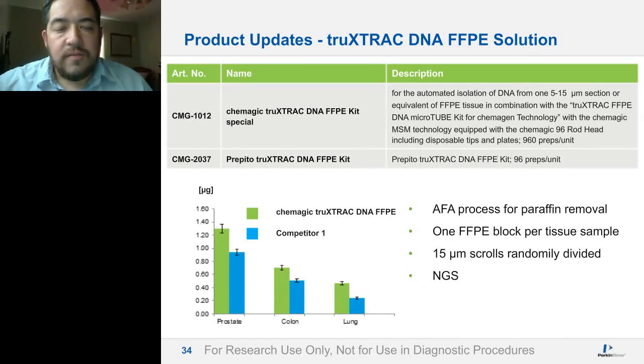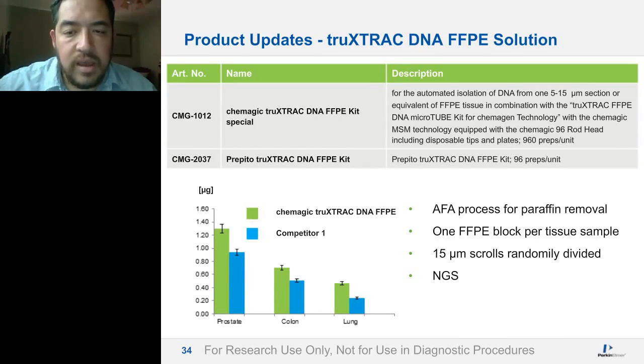We also have a research collaboration with Covaris, which uses sonication, or AFA acoustic focusing, for removal of the paraffin from the embedded tissue, and it was paired with our chemistry. We have a kit that works for this solution as well.